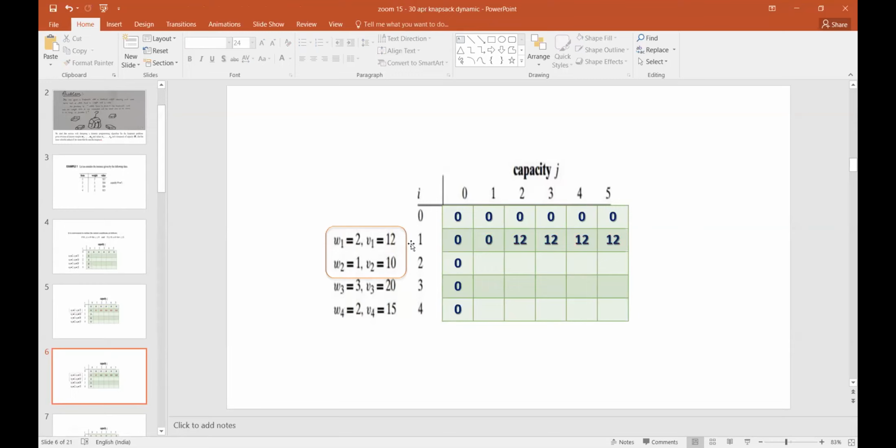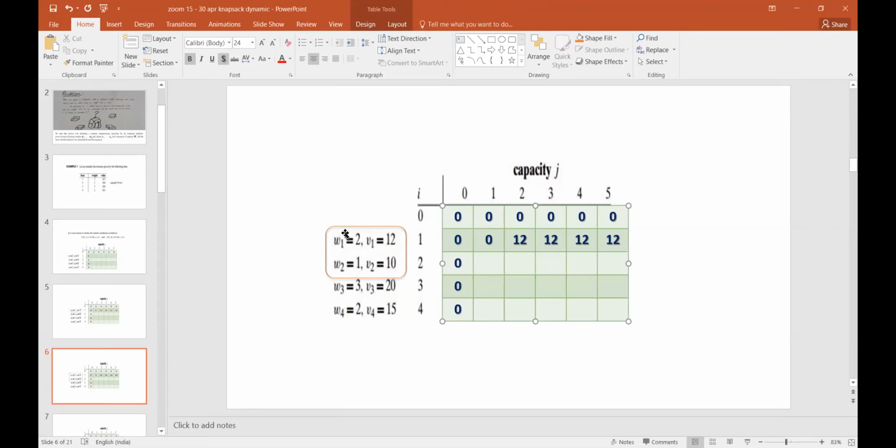So we are done with step 1. Now we are going to step 2, that is i equals 2. In this step, we will consider both the first object and the second object. If the weight capacity is 1, can I put any object?